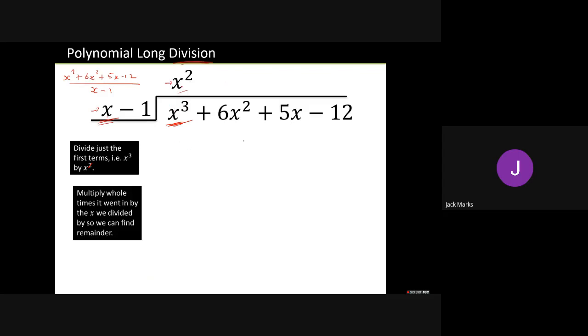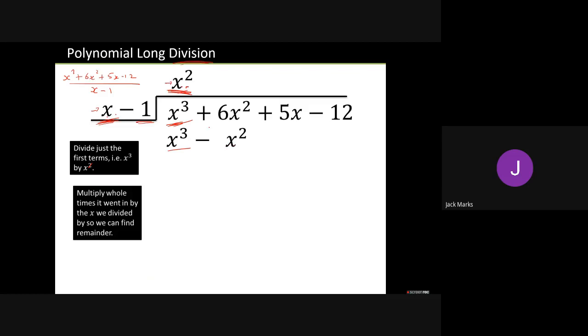What we're going to do underneath with our long division is write out what the term at the top multiplied by each of these things gives us, and then take that away. So x squared multiplied by x gives us x cubed. We know that because that's why we put x squared there in the first place. But what's new is I've got this term over here.